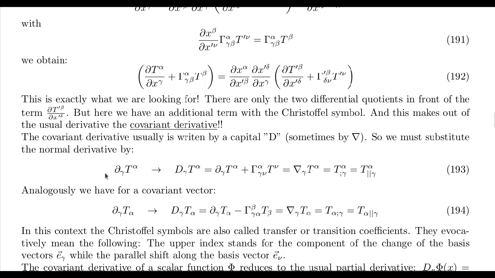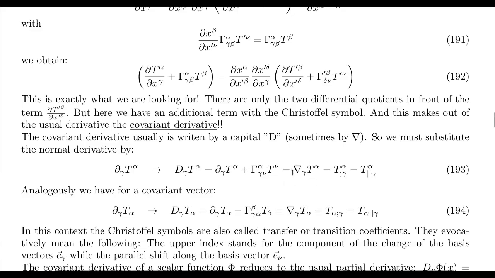Means instead of this first derivative of a tensor, we write capital D. And then the capital D means we have the normal differential quotient plus the term with the Christoffel symbol here.